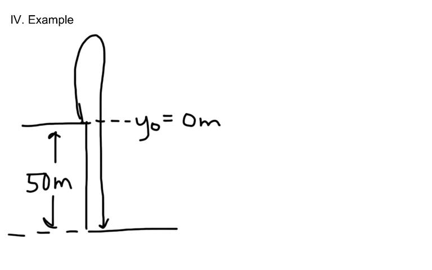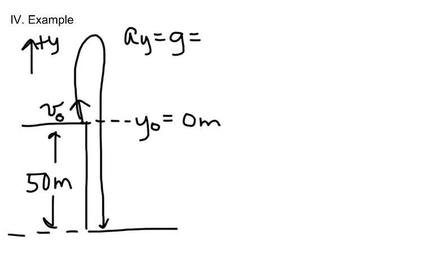There's going to be an initial velocity for when the person throws this at the top of the cliff. And there is going to be an acceleration in the y direction. We're going to call that g. And if we assign upward as positive, plus y, then my acceleration due to gravity is going to be negative 9.8 meters per second squared.